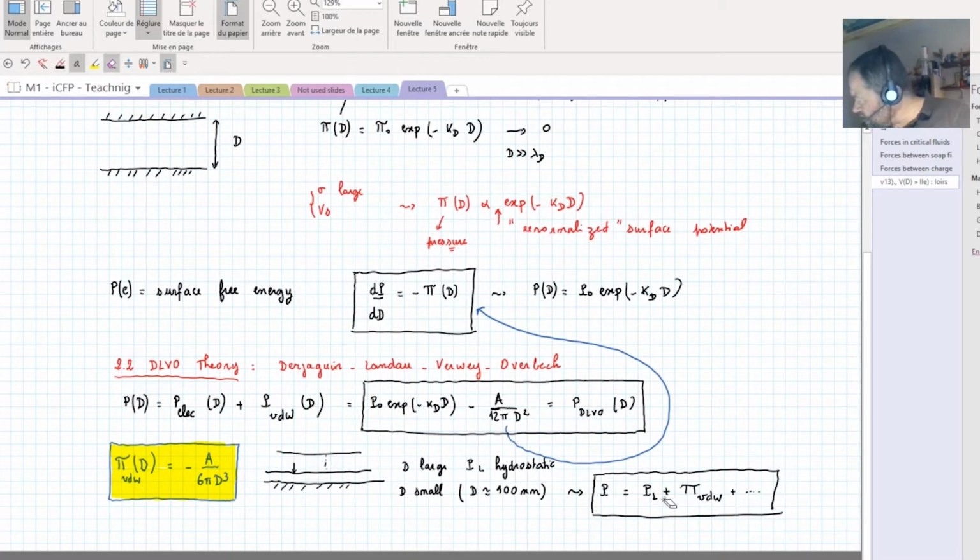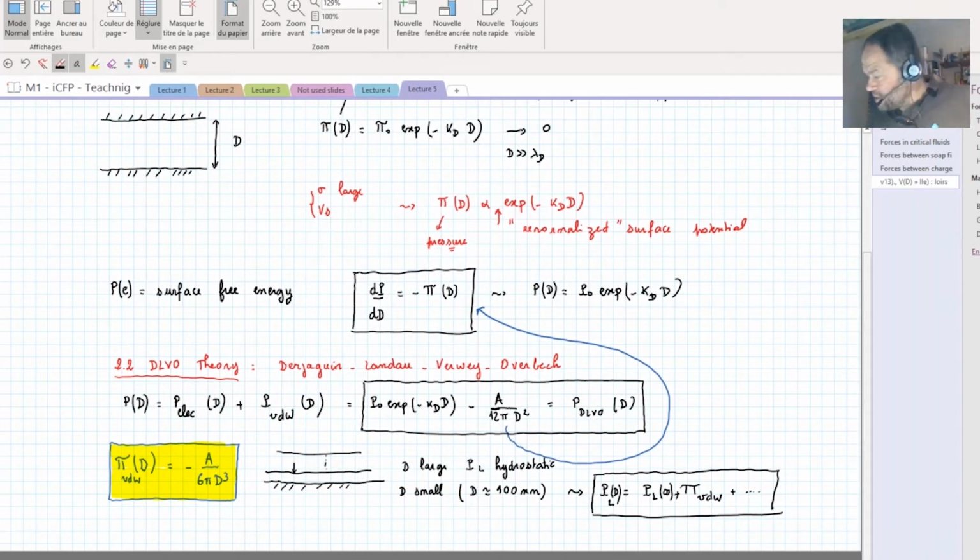I should write it a little bit more clearly. So this will be the pressure without confinement, and this is the real pressure in the confined liquid. Okay, it is what the disjoining pressure term means. It is an extra pressure which is due to the confinement.